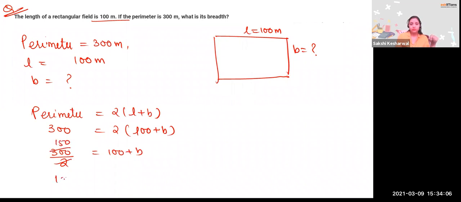So you divide this, it is going to be 150. Now 150 is equal to 100 plus B, right? Now this 100 is in addition, so it will become subtraction. So 150 minus 100 is equal to B. So B is equal to 50 meter. That's your answer.